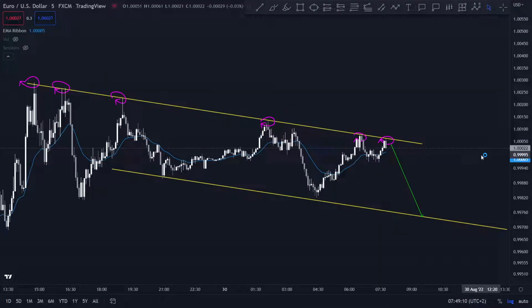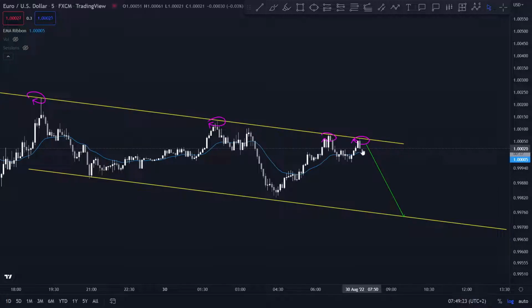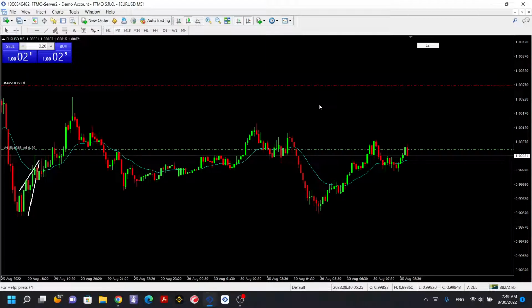I need the bar to close. 5 minute 2 bar reversal.